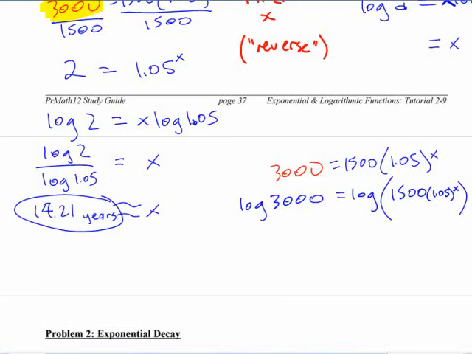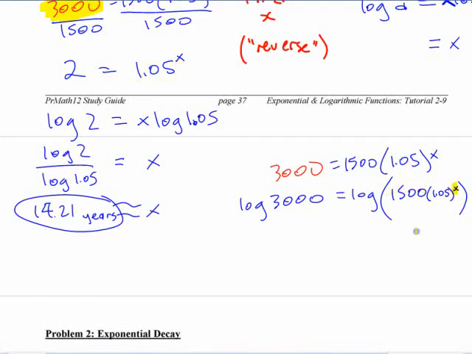This side's easy. This side you have logarithm of something times something else here. Can I take this x and put it in front of that logarithm now, the way it is? No, why not? You could up above because this x applies to this entire thing here. Does this x apply to the entire thing?